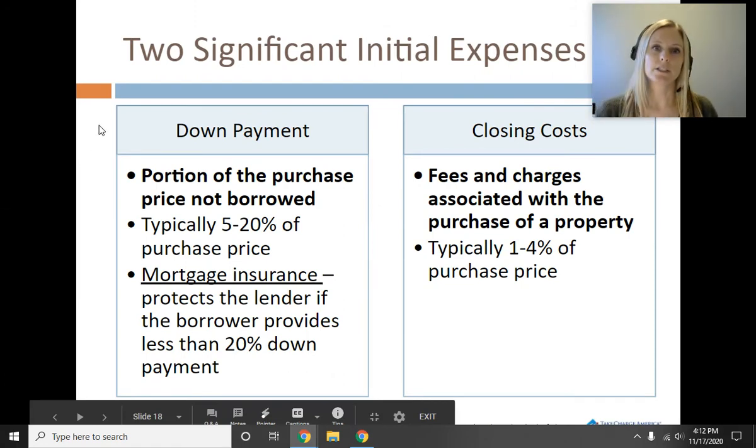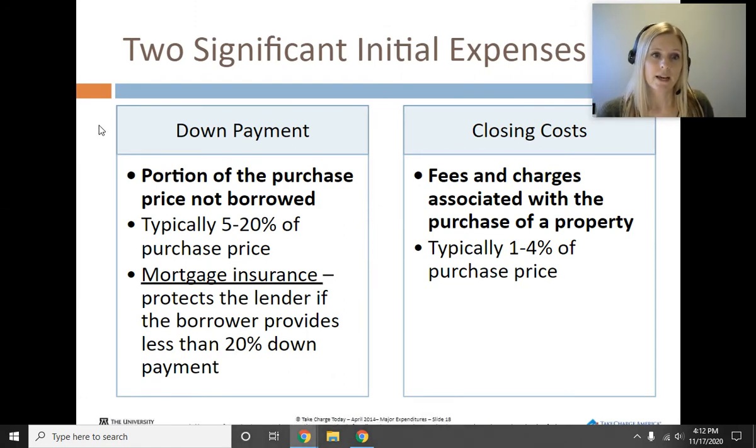Significant initial expenses are going to be a down payment. This is a portion of the purchase price that you're not putting into the loan. So, for example, if you buy a $50,000 house, a typical down payment is going to be from 5 to 20% of the purchase price.